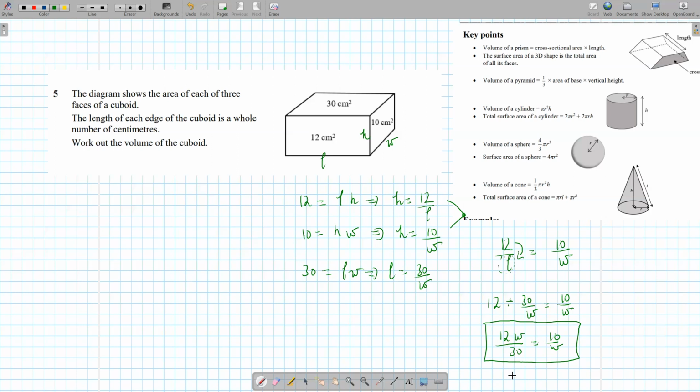How do we solve that equation for W? Do you multiply both sides by 30? Sure, let's do that. So we get 12W is equal to 300 over W. What's next?